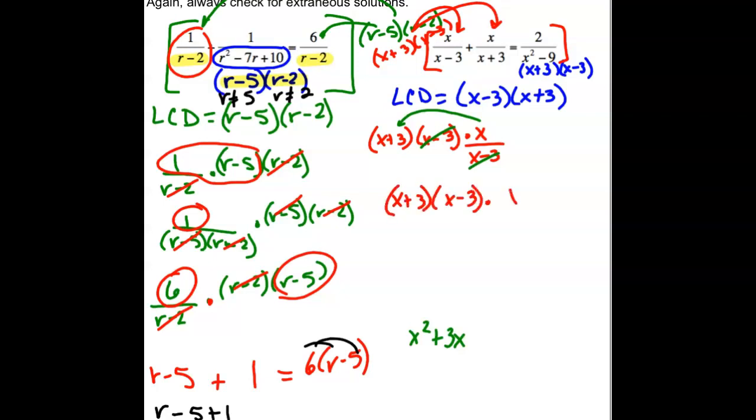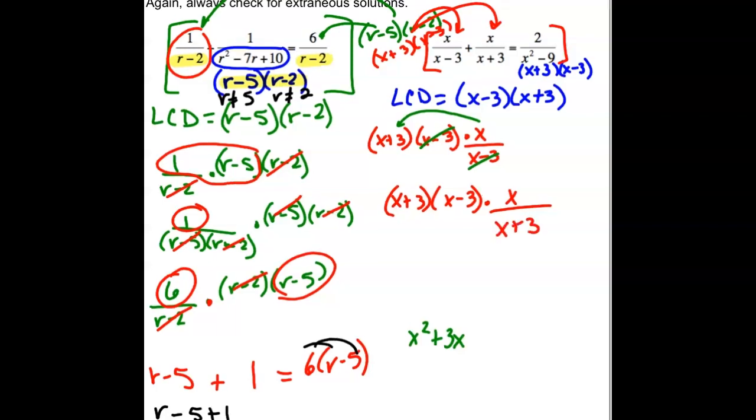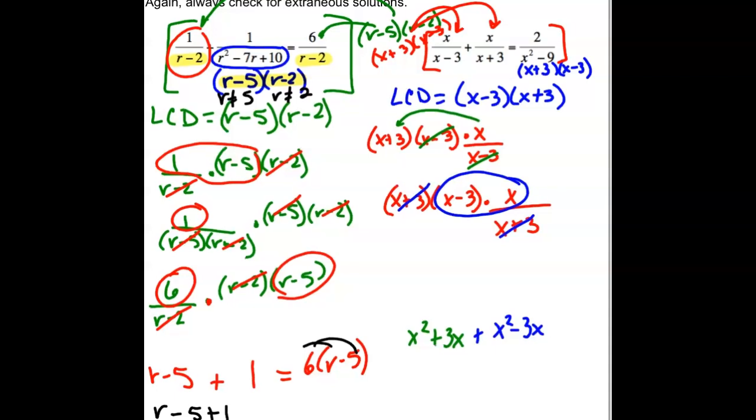I'm multiplying it to x divided by x plus 3. So my x plus 3's drop out, and I have x times x minus 3, which ends up being x squared minus 3x. And when I multiply it to the last one, since I have both an x plus 3 and an x minus 3, and I'm multiplying now by those, they're all going to drop out and leave me just with the 2.